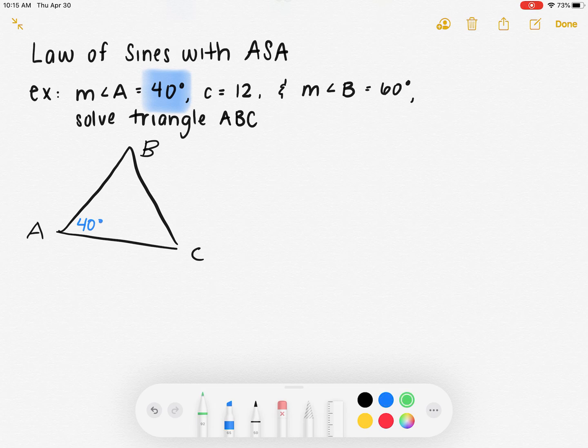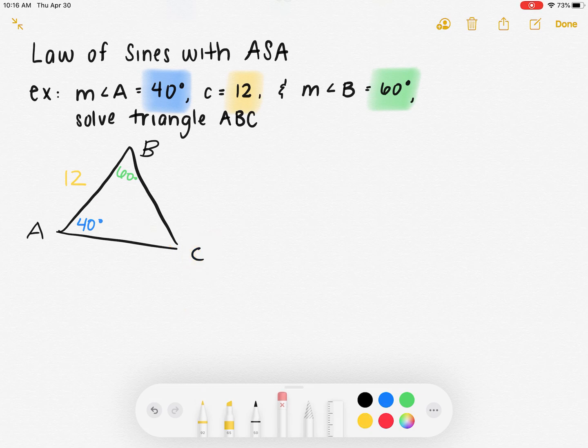They told me angle B was 60 degrees, so I go back to angle B and label it 60 degrees. And they also told me that side C was 12. So if this is angle C, side C is directly across from it, which means 12 goes here.